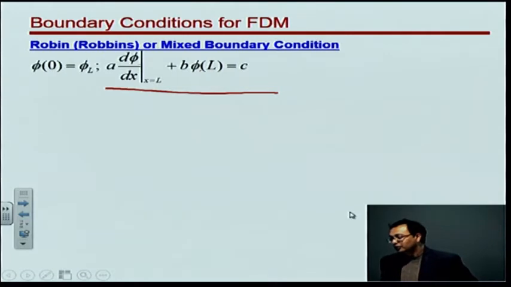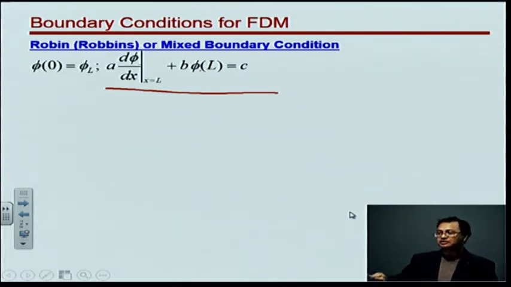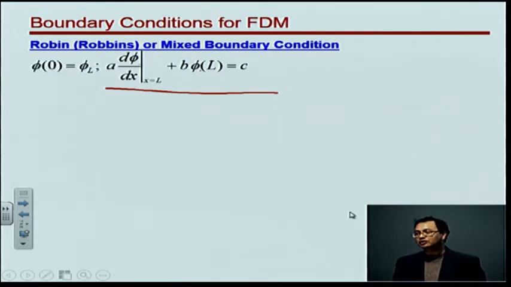Now, it's kind of nice because by setting b equal to 0, you get a prescribed value boundary condition, and by setting a equal to 0, you get a derivative boundary condition. So in a sense, the mixed boundary condition encompasses the other two. You can just appropriately set the coefficients to get one of the other two.